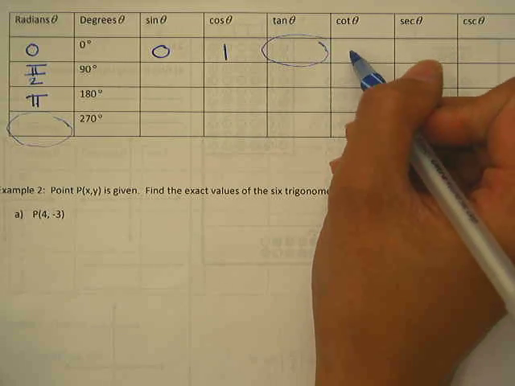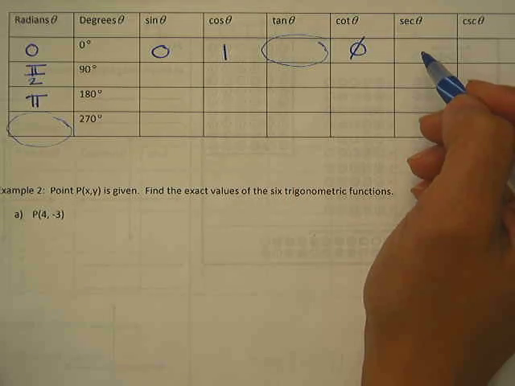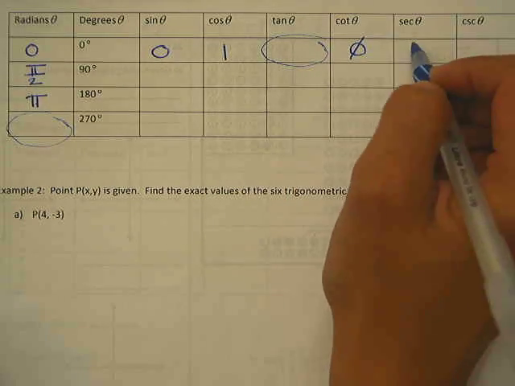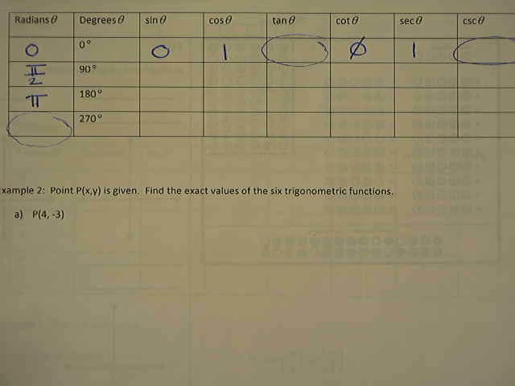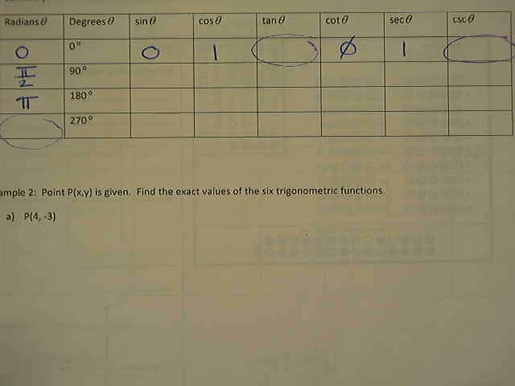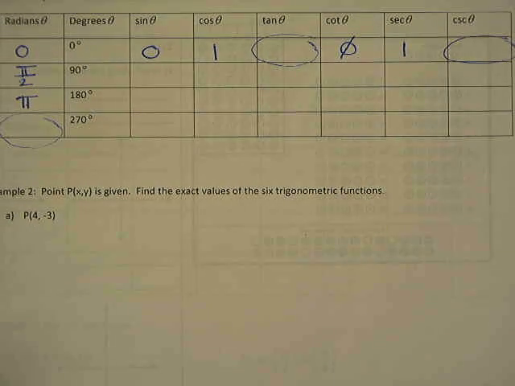Cotangent of 0 degrees is going to be undefined. Secant of 0 degrees is going to be 1, and your job is to fill out cosecant. These are the empty spaces I'm leaving behind for you to fill out.